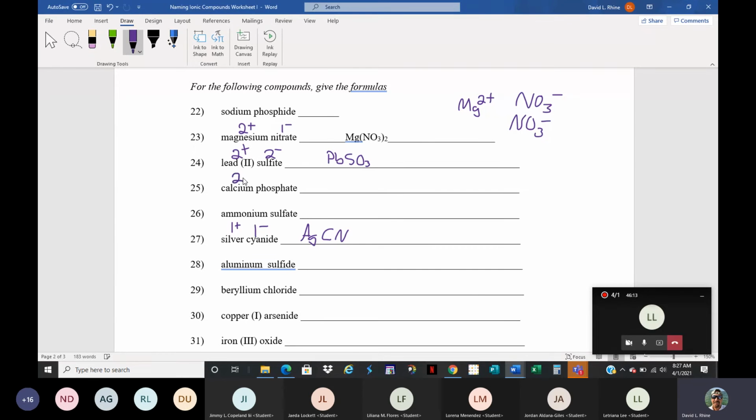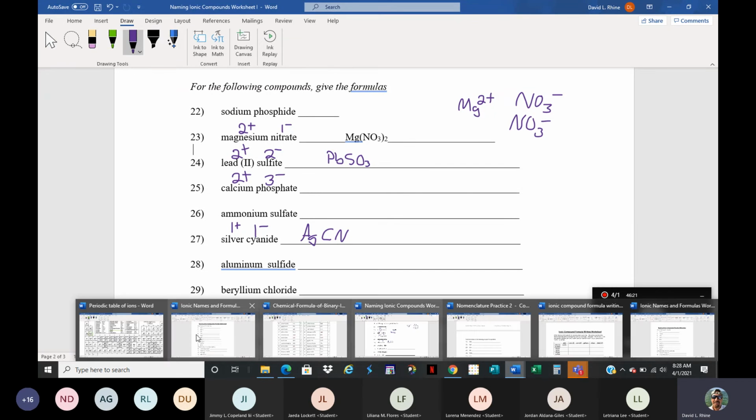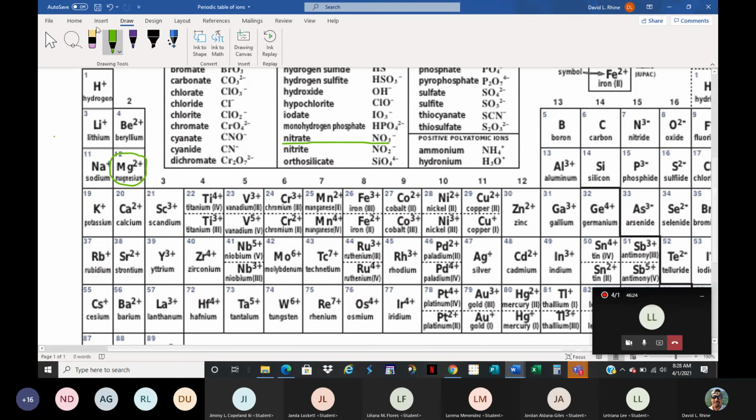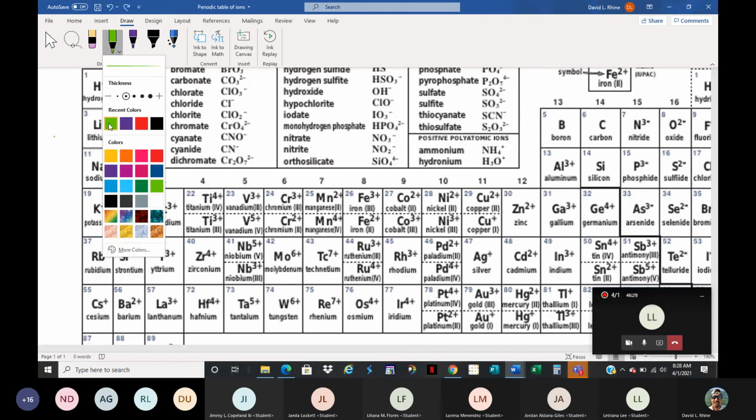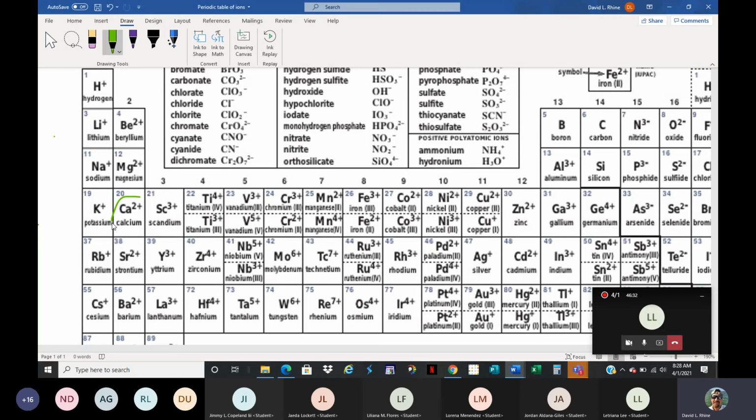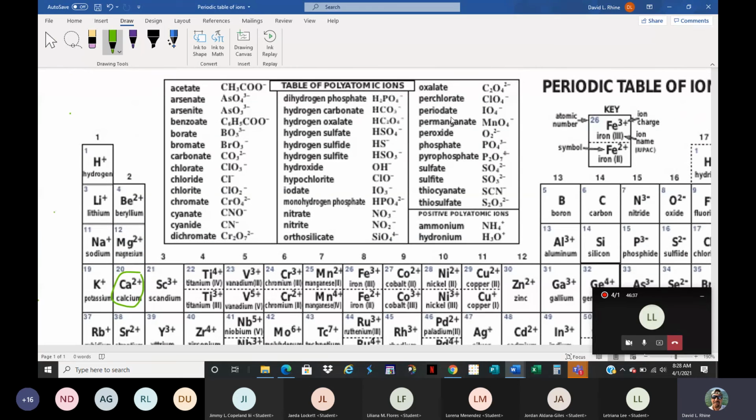All right. Calcium is 2 plus, and phosphate is 3 minus. Again, I look at my table of ions. Calcium's right here, it's 2 plus. Phosphate, anytime you see the ending in ate or ite, that tells you it's a polyatomic ion. So phosphate's right here, PO4 3 minus.